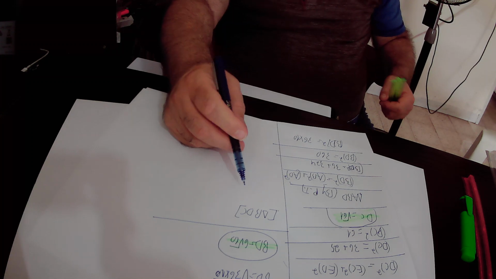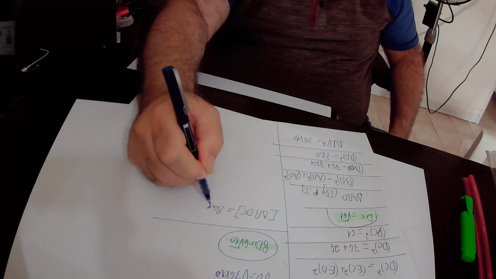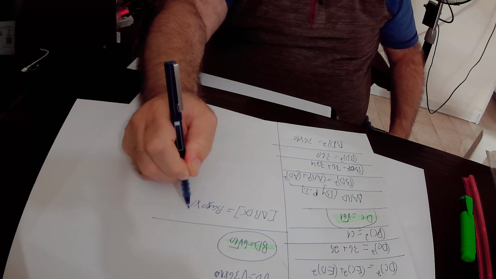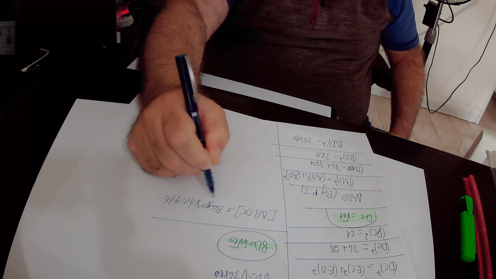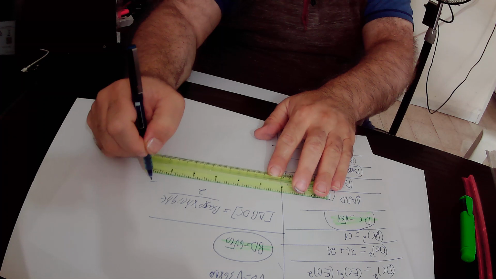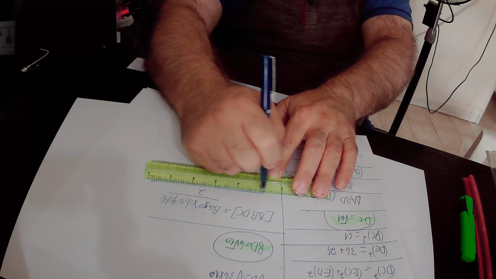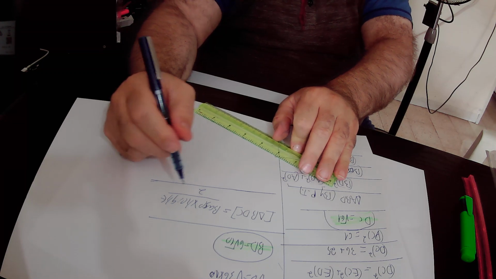It means the area of triangle BDC will be equal to the base of the triangle times the height to the base over 2. Here I must emphasize that the height to the base must create 90 degrees with the base.